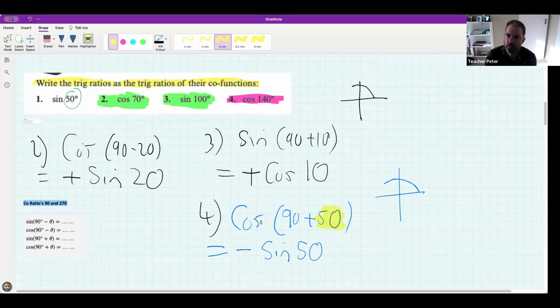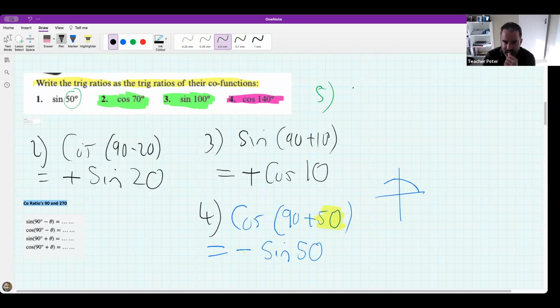Let's do another one. I'm going to make this up by myself. Let's make number 5. We don't do tan, it's not in the syllabus for this thing.